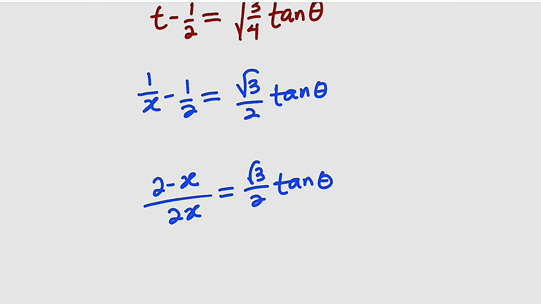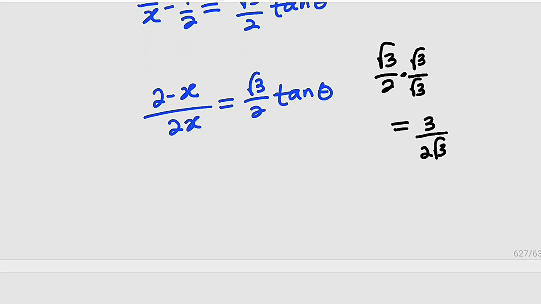I can write square root of 3 divided by 2 as 3 divided by 2 root 3 for a reason. If we multiply the top and the bottom by root 3, square root of 3 divided by 2 times square root of 3 over square root of 3, the top gives square root of 9, which is 3. So this will give us 3 divided by 2 root 3. I'm doing this for a reason. You will see that very soon.